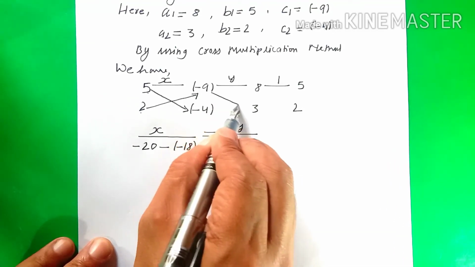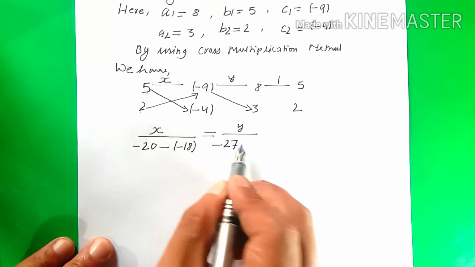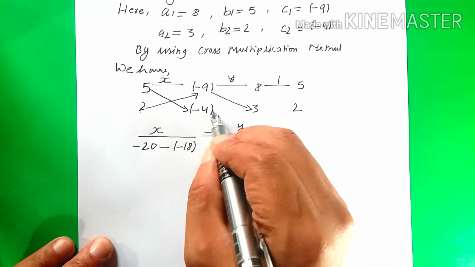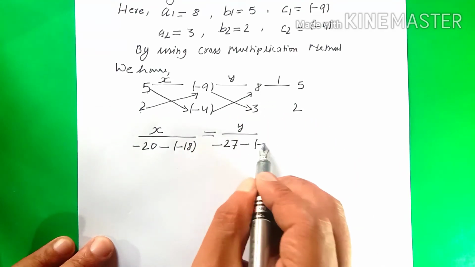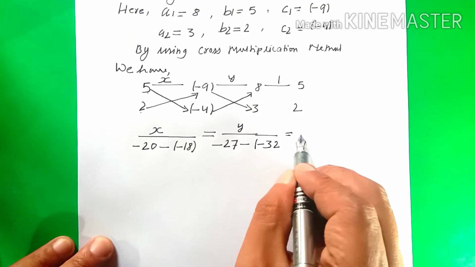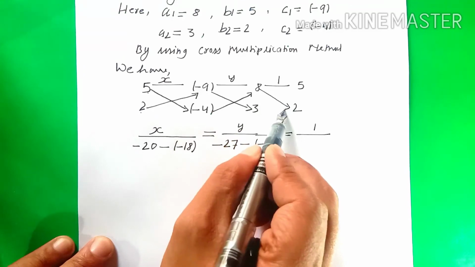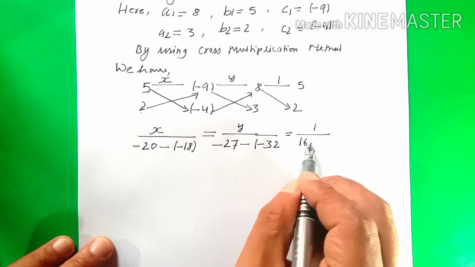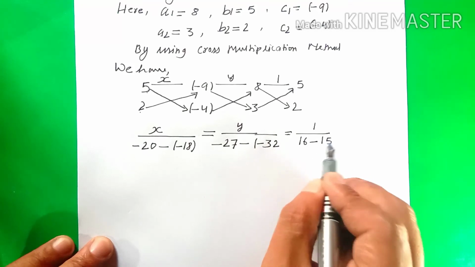These two you'll have to multiply first. 9 into 3, minus 27, followed by minus sign. Again these two values, 4 into 8 along with a sign, minus 32, which is also equal to 1 divided by 8 twos are 16 minus 3 fives are 15.